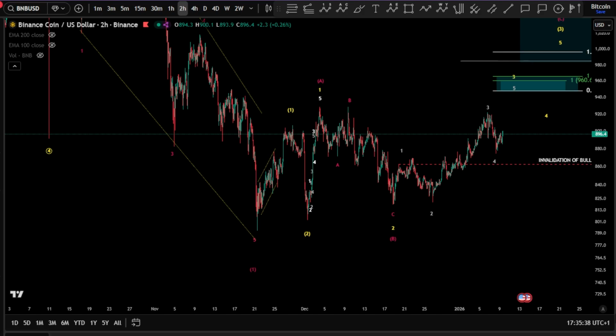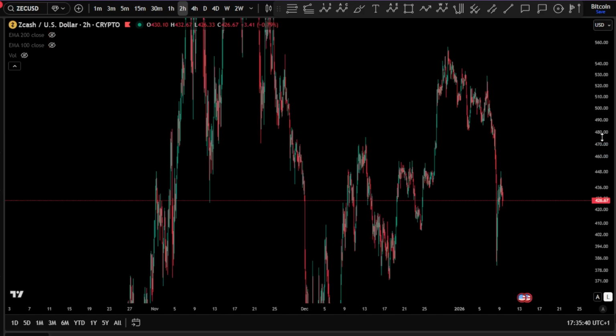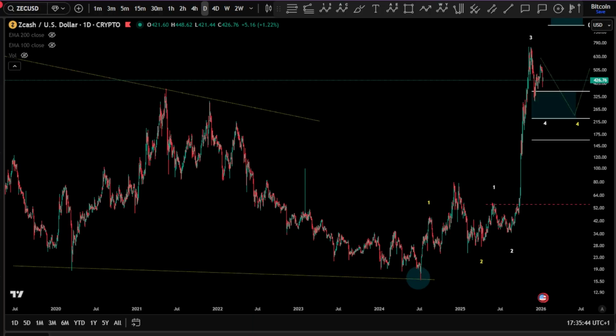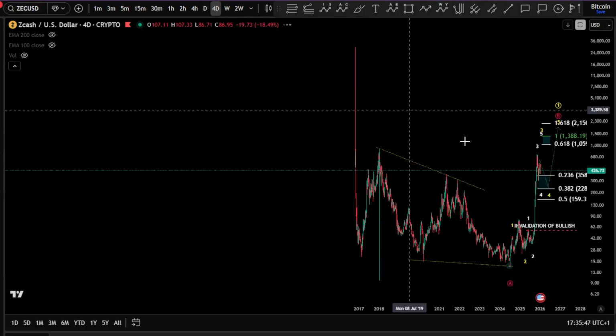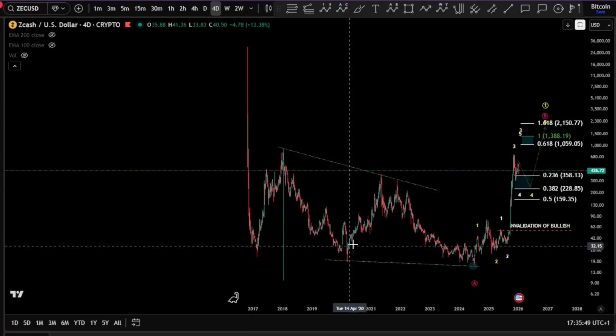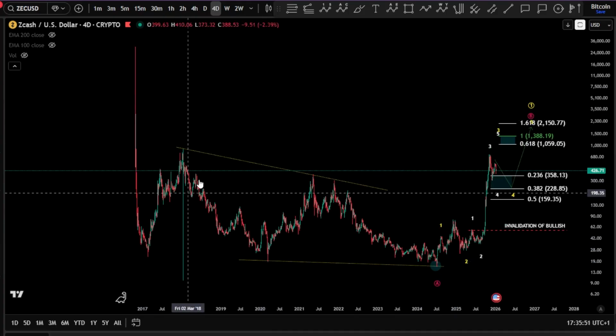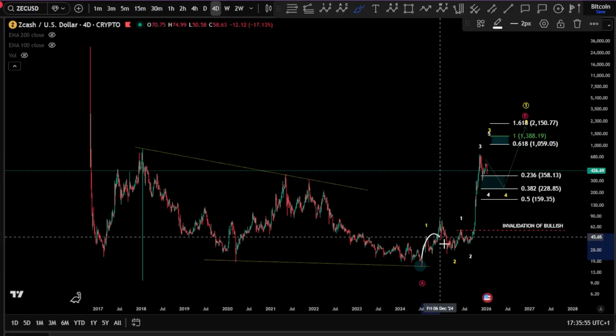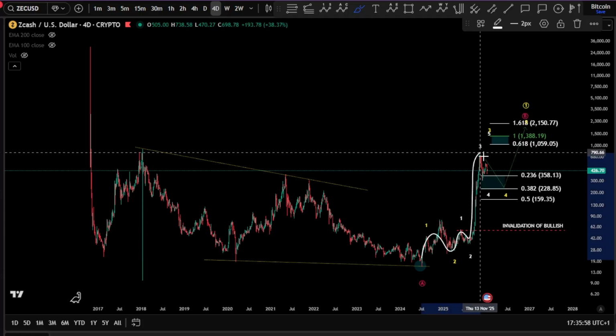Let's move for the next one, which is Zecash. So for Zecash, also on the daily, we are looking here at a potential finished diagonal, in case this is a diagonal 1, 2, 3, 4, 5 wave A, and followed, of course, by a potential 1, 2, 1, 2, and wave 3 there.